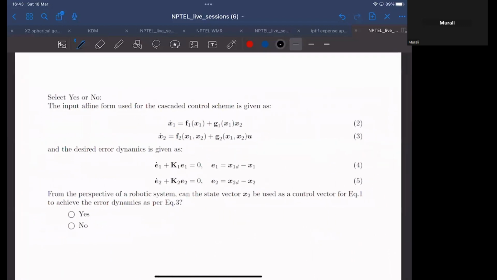Question 22, yeah. It says it's a yes or no question, but it's fairly a lengthy question. It says the input affine form. This is basically regarding backstepping or cascaded control.